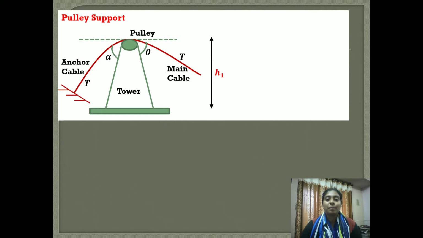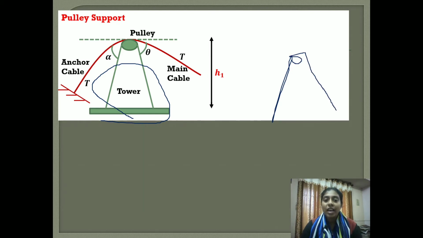So the first type of support is the pulley support. See, this is called pulley support. We have already analyzed the cable connecting two towers. Here you can see we have one tower. This is our tower. So we may have another tower here.